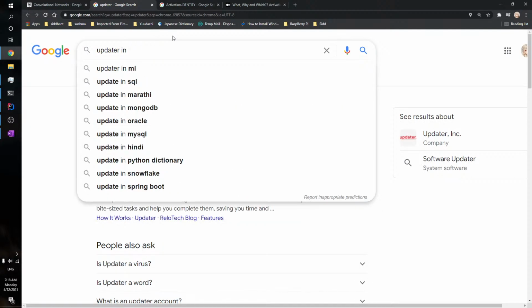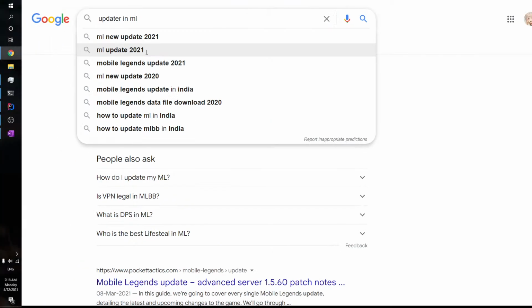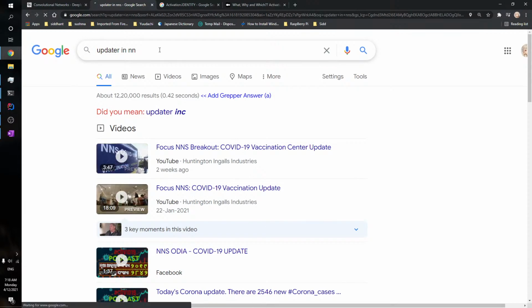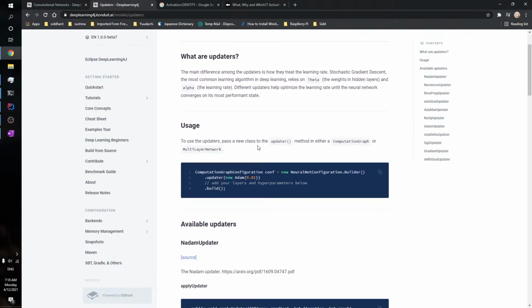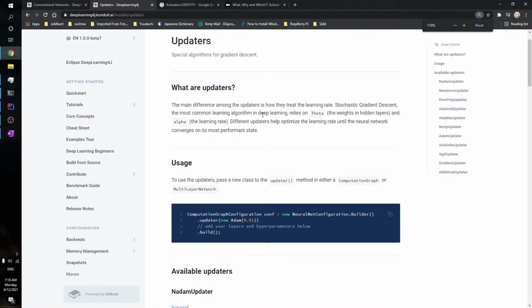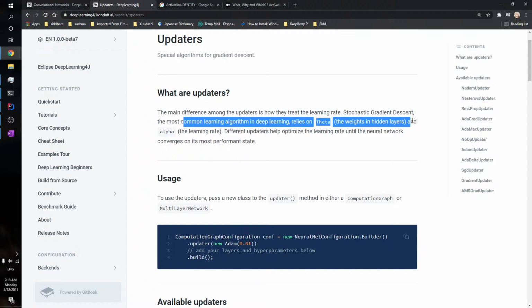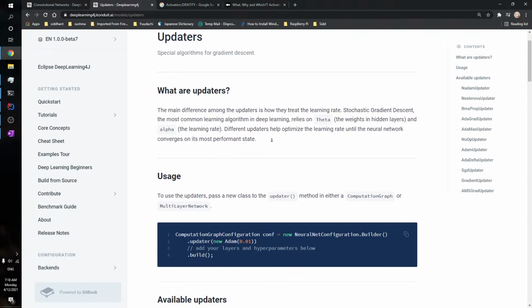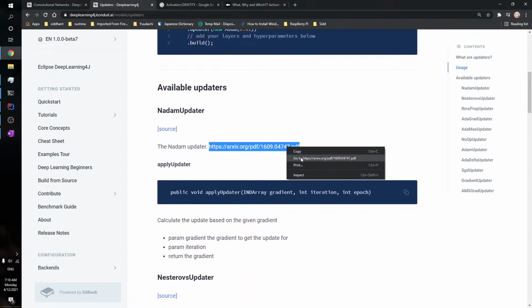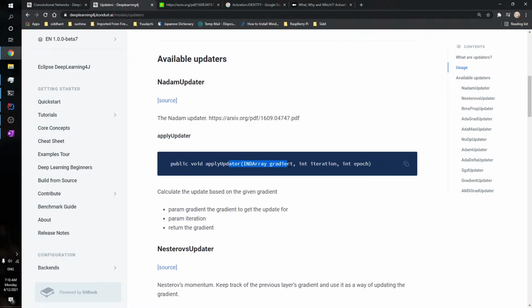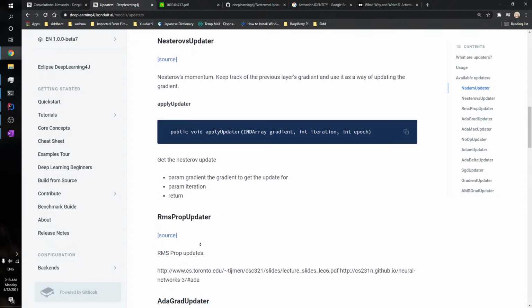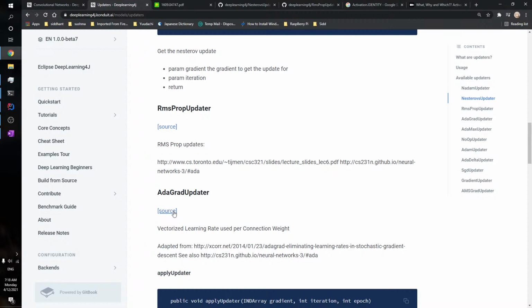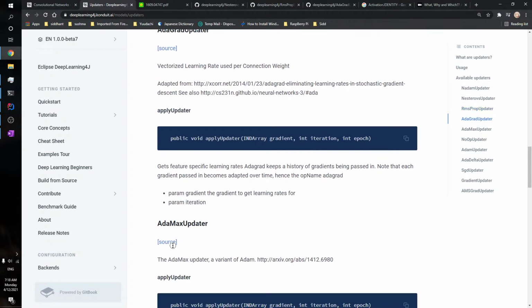What is really needed, this updater? That's quite a few updaters, jeez.